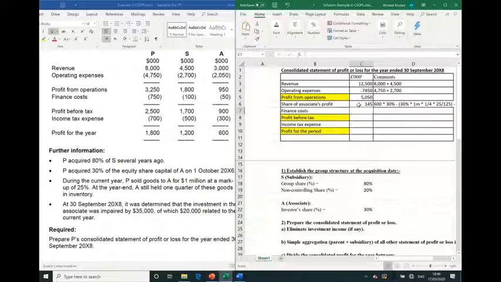So this will give us the share of associate profit.